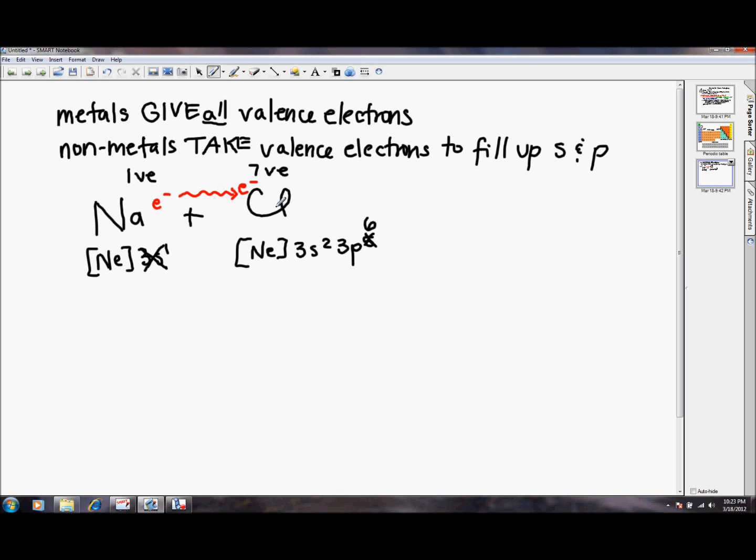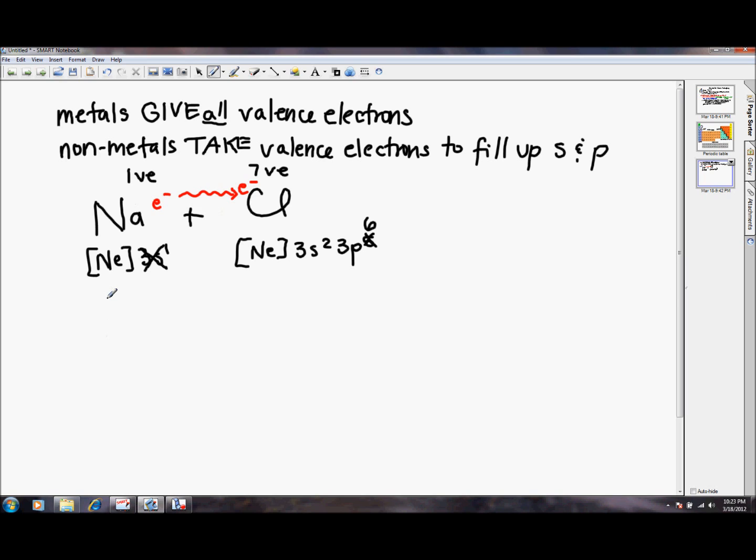Now they don't turn into the noble gases, because only changes in the nucleus, changes in the number of protons, could change an atom of one element into an atom of a completely different element. Well, what's changed?